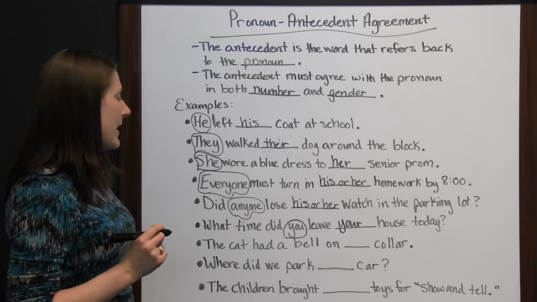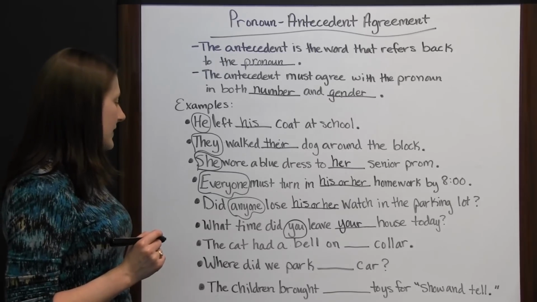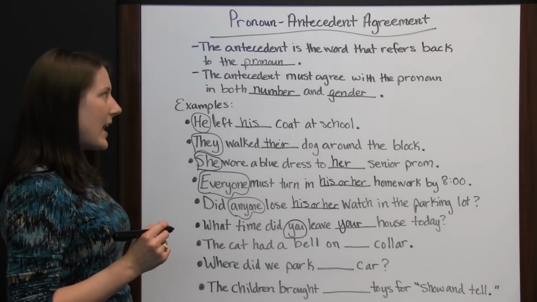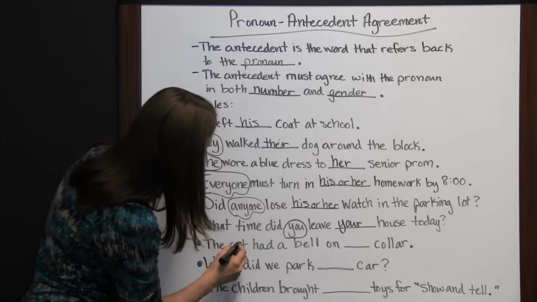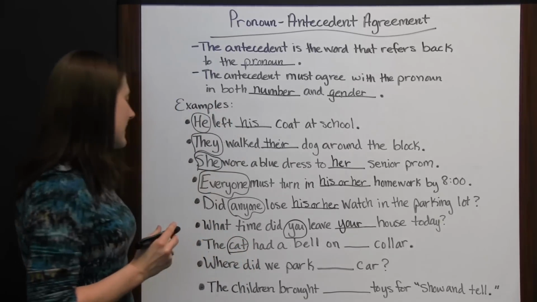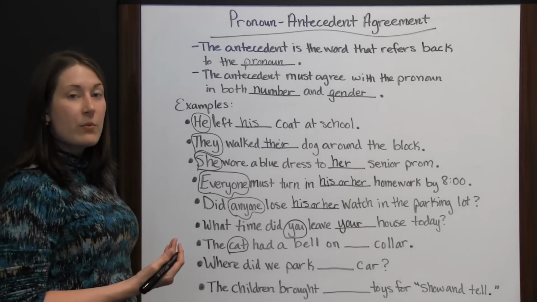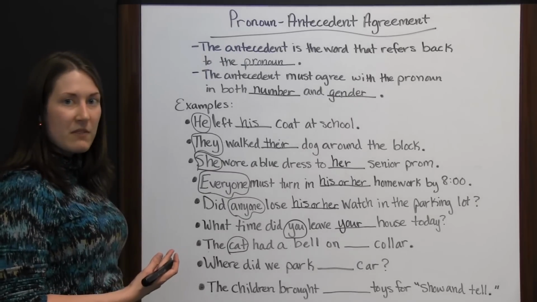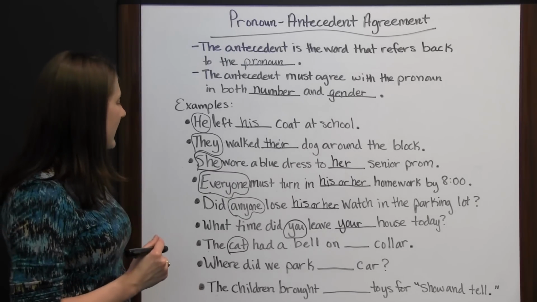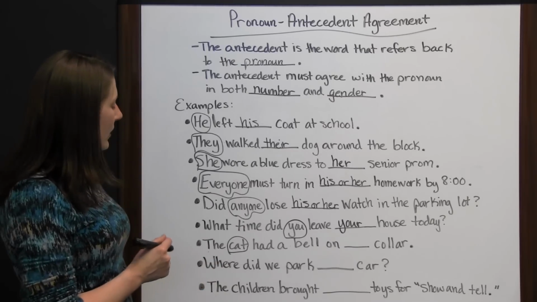The cat had a bell on blank collar. This one doesn't have a pronoun, but let's look at our noun, cat. Cat is singular, and we don't know if it's a boy or a girl. We don't know if it should be feminine or masculine. So we want to pick an antecedent that would work for either.